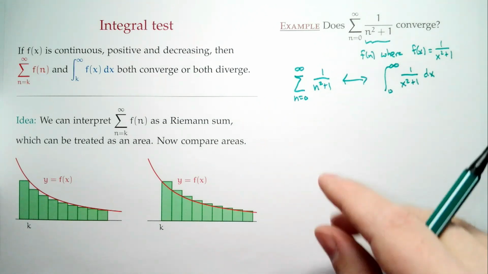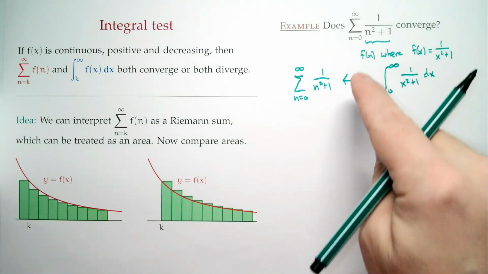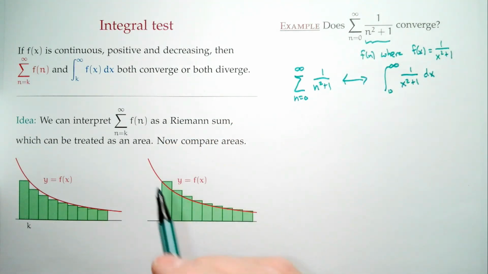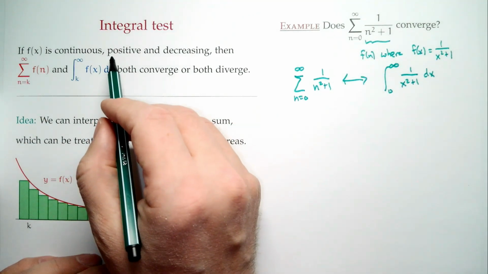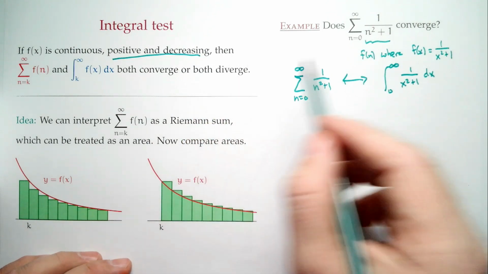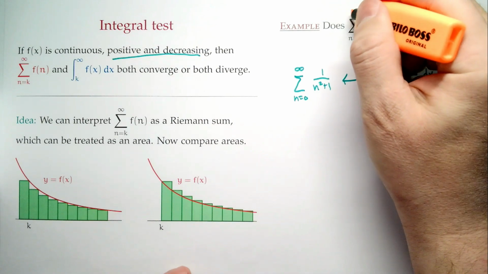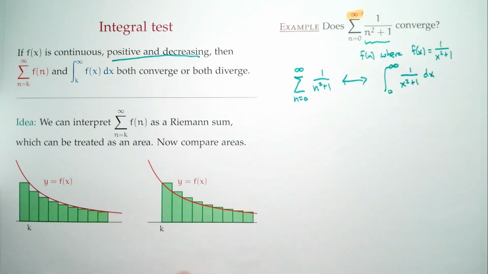I'm going to just pause for a second and say, if you're ever worried about the start, because notice there are some technical things, you need to be positive and decreasing, and it might not be positive and decreasing at the start. You don't care about the start. Remember, when we're talking about converge, diverge, we always wonder about what happens at the end, the infinity. That's the important part. So it's the tail that tells the story.